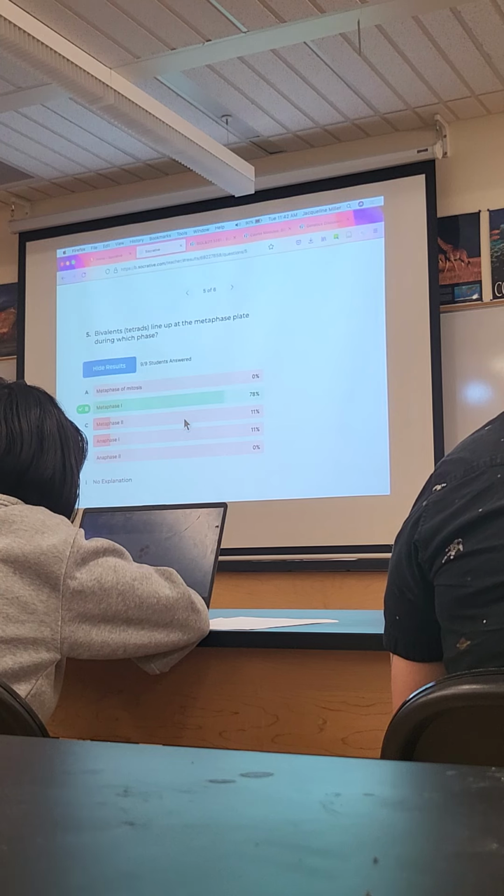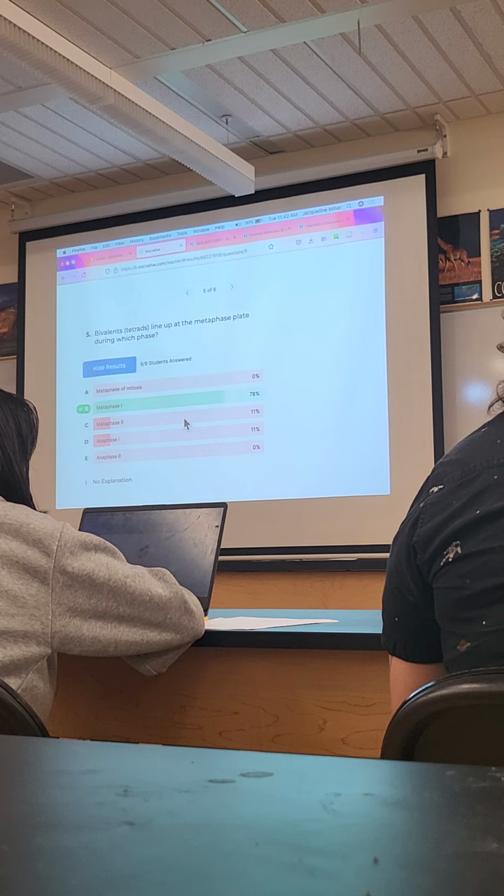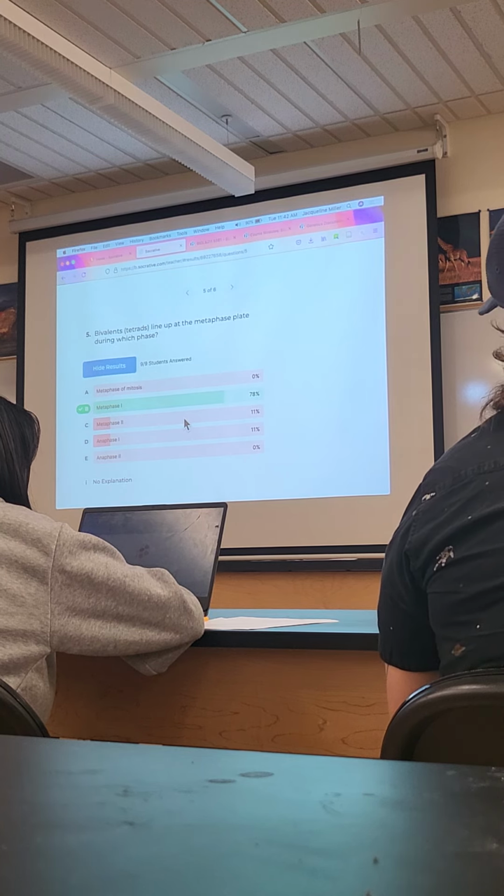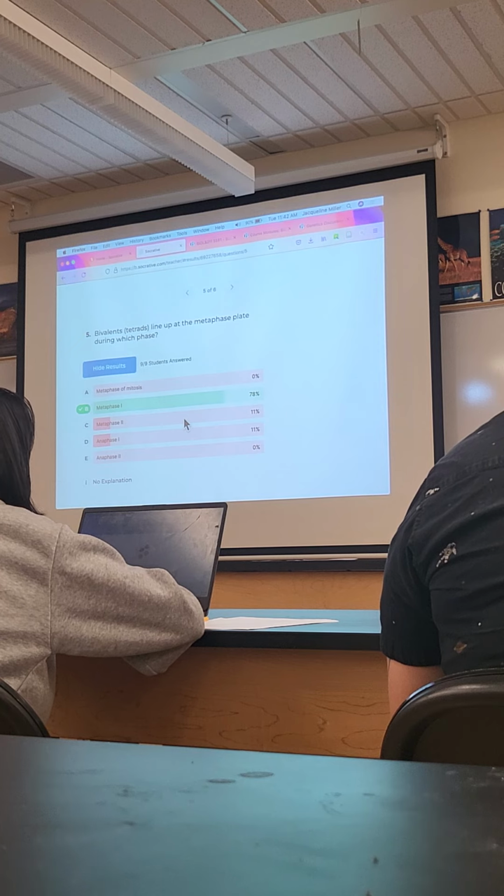So one thing I often do on a quiz or an exam is to draw a picture. It'll be of one of the phases, and usually I give you information, like, I might say, 2n is equal to 6. And this information is important because it tells you how many chromosomes there should be, which will allow you to figure out, is this a mitotic cell, or is it in meiosis 1, meiosis 2?